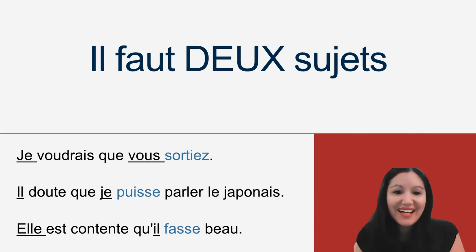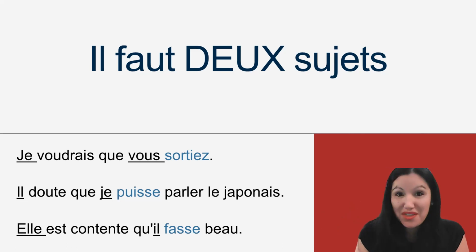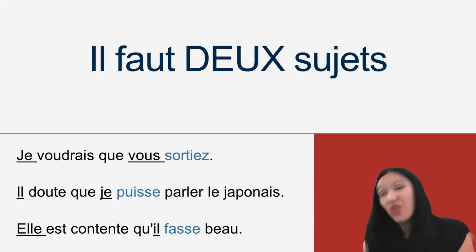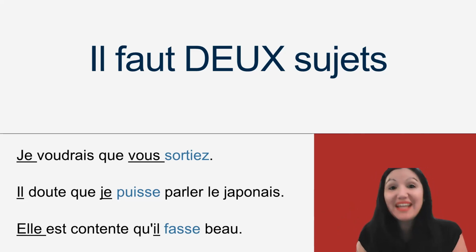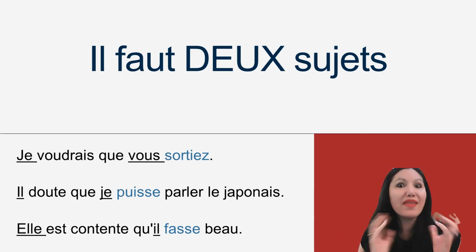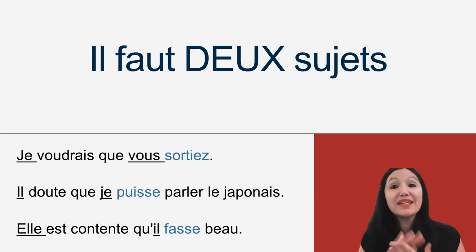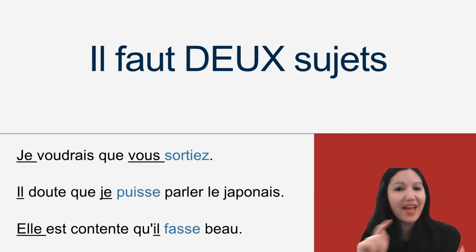Troisième exemple, elle est contente qu'il fasse beau. She is happy that it is nice out. Il fasse beau comes from the verb faire. Remember that to express weather, whether it's hot, cold, sunshiny, rainy, a lot of these weather-related expressions are using il fait, F-A-I-T.